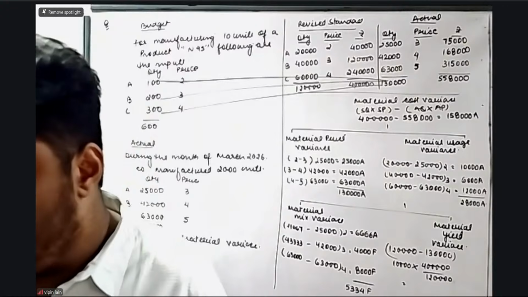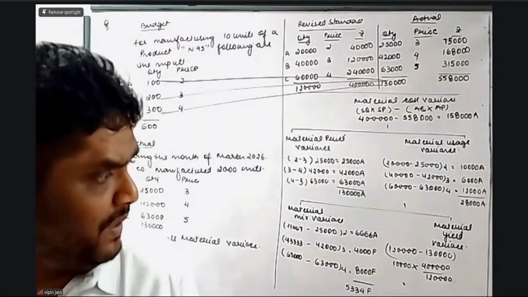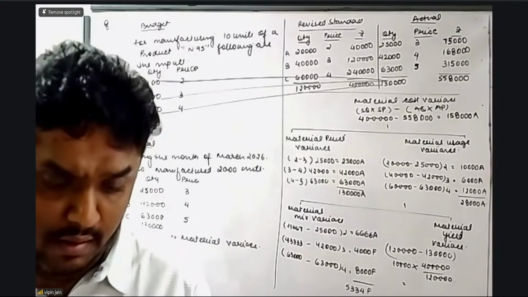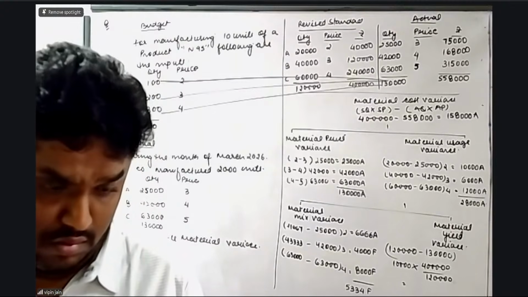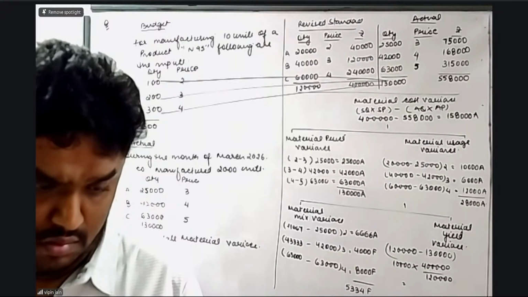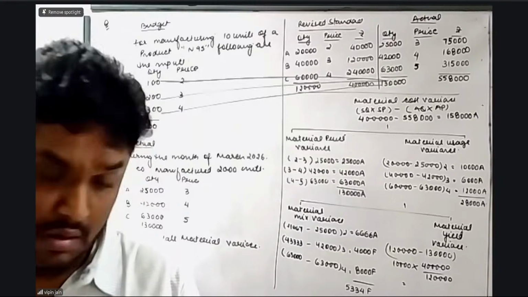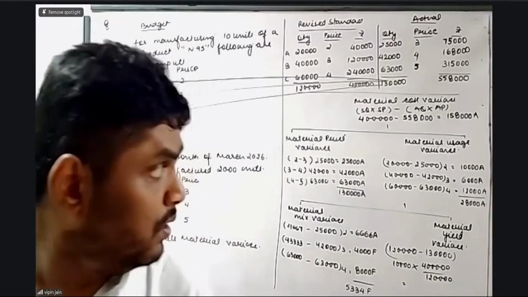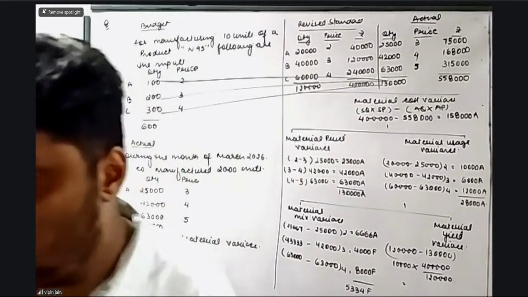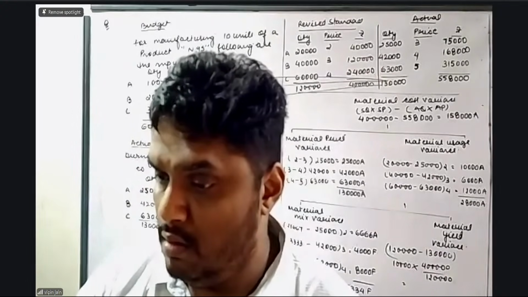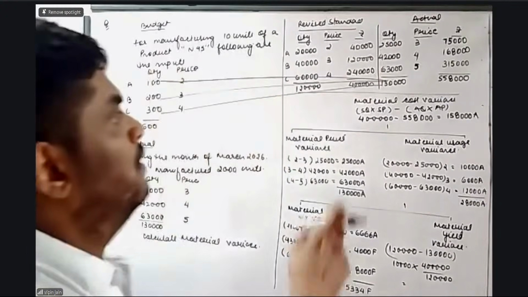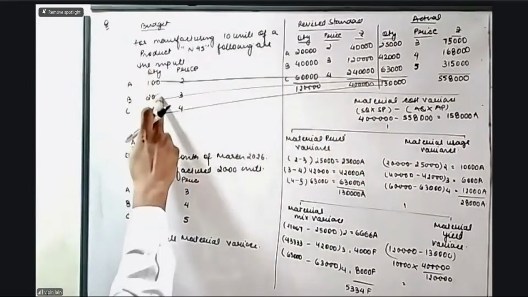I'm not getting what you are saying, Pooja. Can you please repeat, or you can please speak to me? Sir, you have distributed the standard mix in quantity, but I have distributed it in price, sir. 1:2:3.